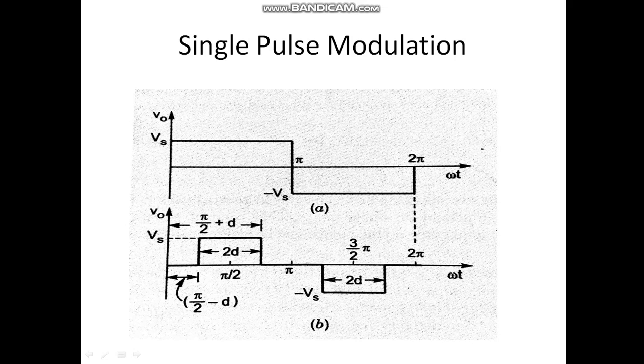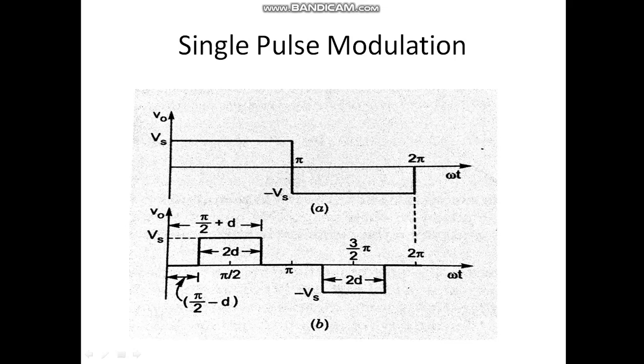Now if you apply Fourier analysis, the component Bn will be 2 by pi, integrating from pi by 2 minus d to pi by 2 plus d of Vm sin n omega t. When you solve it, we will get 4 Vs by n pi, in bracket sin n pi by 2 upon n pi by 2, into sin nd.